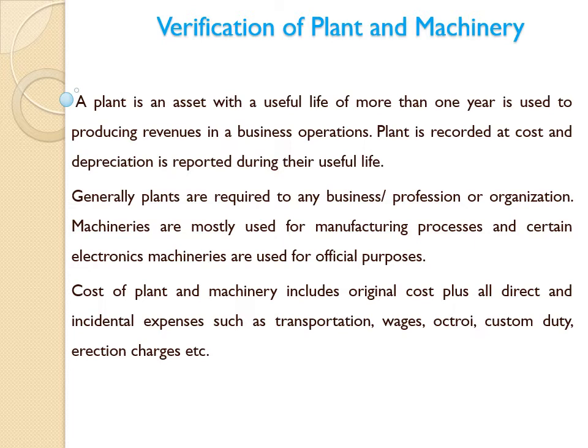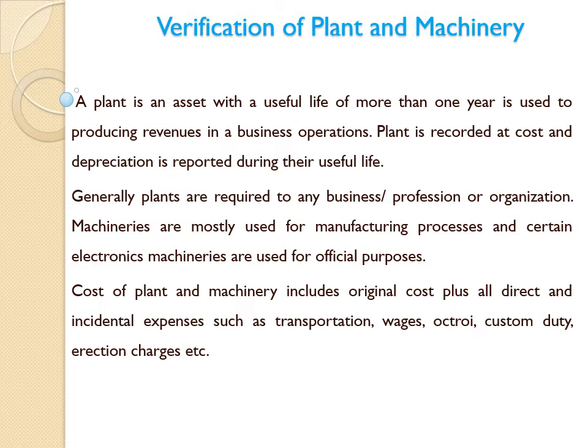After discussion of plant, we should know machinery. Machineries are mostly used for manufacturing processes and certain electronic machineries are used for official purposes. It means that manufacturing machineries as well as electronic machineries are taken into consideration.